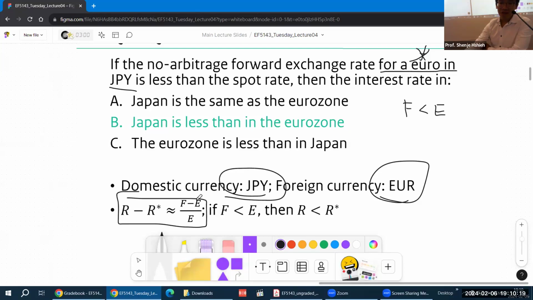So if this numerator is negative, then this difference is negative, and therefore we're saying that R star is greater than R. So the euro interest rate is greater than the Japanese interest rate, or what B says, right? The interest rate in Japan is less than in the Eurozone. I'm done. Okay.